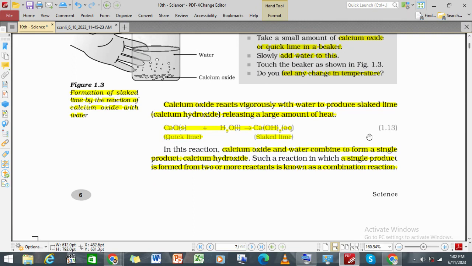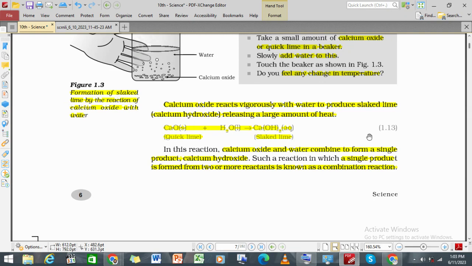Calcium oxide reacts vigorously with water to produce slaked lime. That means if we add quicklime plus water, we get slaked lime. Quicklime is CaO, calcium oxide, and when we add water to it, it gives out slaked lime, which is calcium hydroxide.